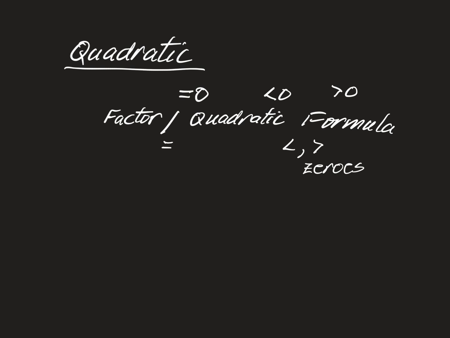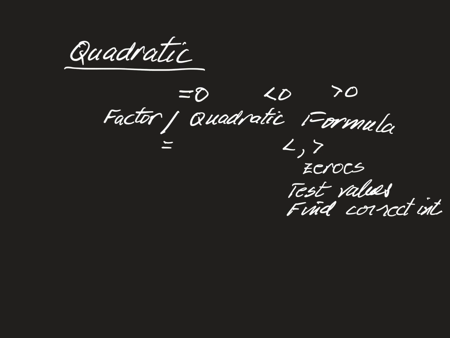All right? And then for an equation, you're pretty much done. But for an inequality, after you find those, you pick test values, and then you use the test values to find the correct interval. Okay? So that's the process.